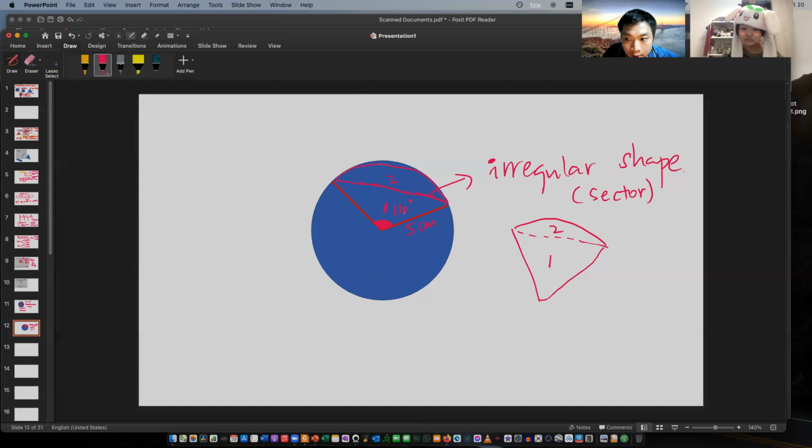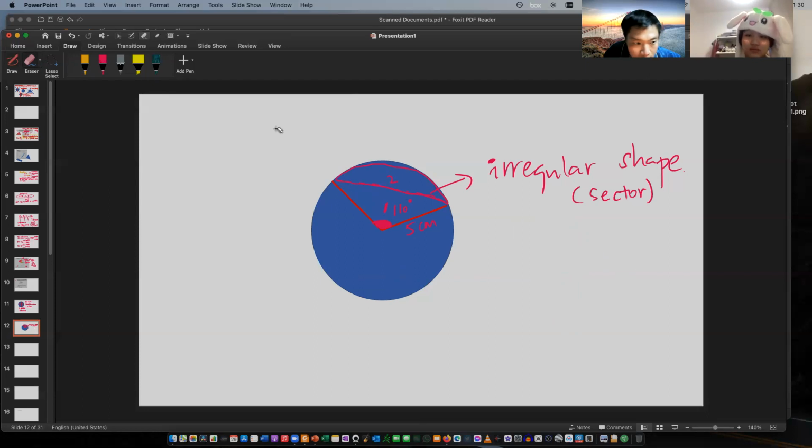Let me recreate this. I'm going to take this pizza slice out. So this is 110, and you are asked to find the area of this sector.